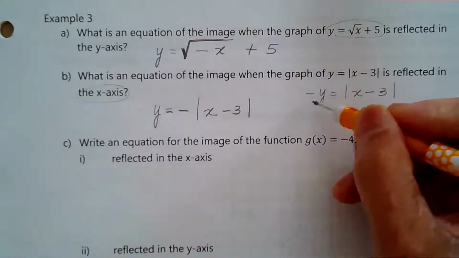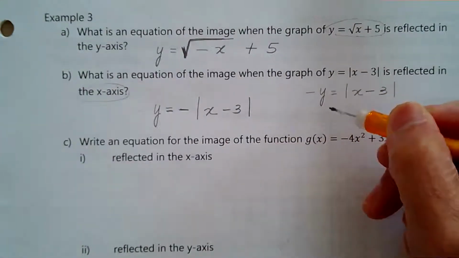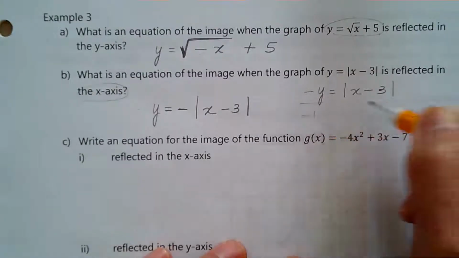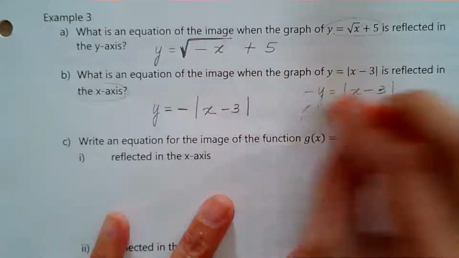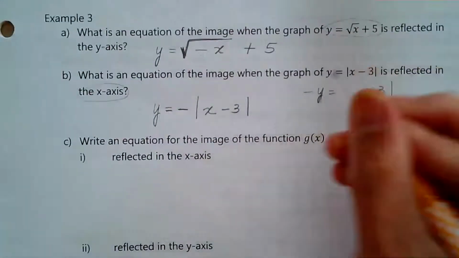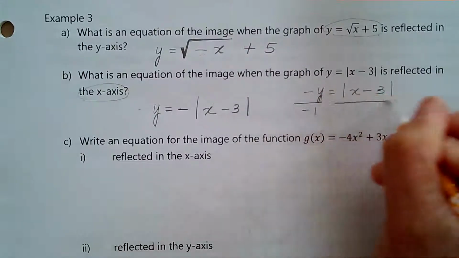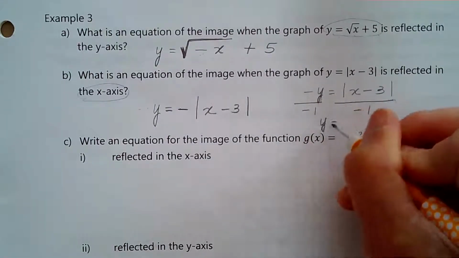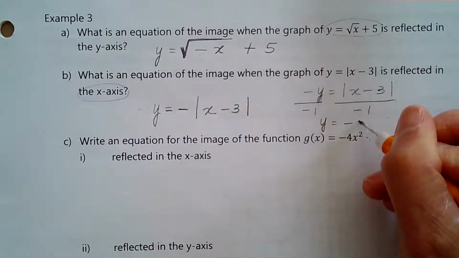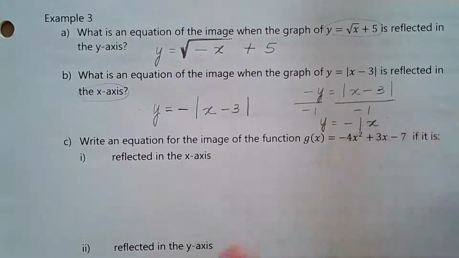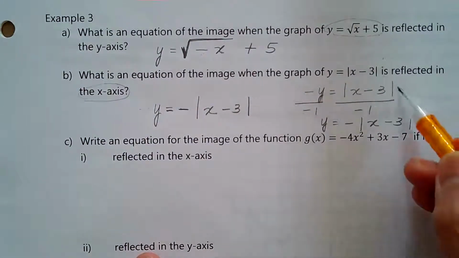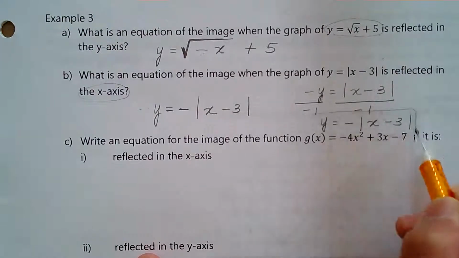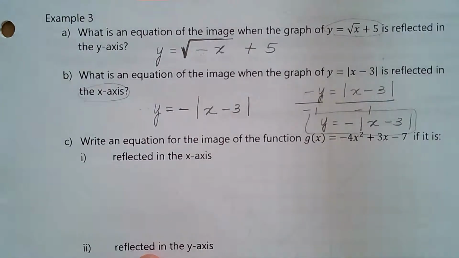But if you want to solve for y, you would divide by negative 1, and you'll have y equals negative absolute value of x minus 3. So it's the same thing. You can take that or have it like this. Is that okay? Yeah, that's a good point.